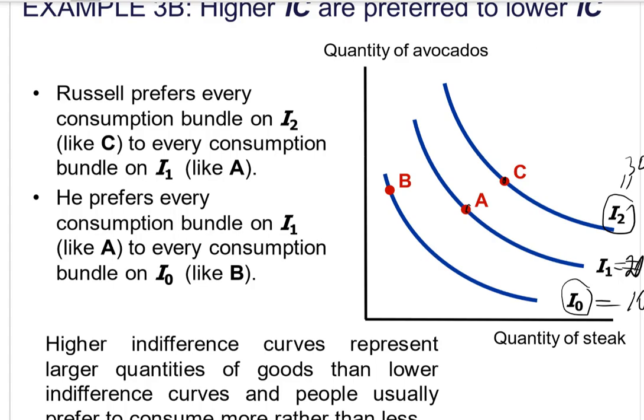High indifference curves usually reflect higher quantities, yeah. So notice that at point C, I get more of that and also more of that. But point B has more of that, but very few of this. Point A has similar quantities, but I still prefer C because I get more of both goods.